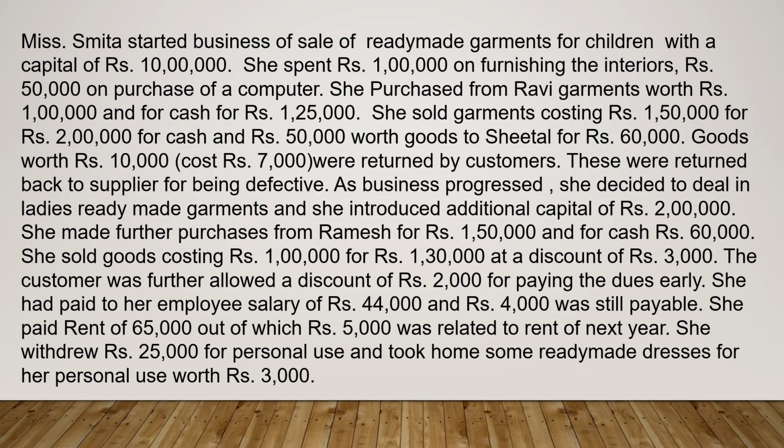The customer was further allowed a discount of 2,000 for paying the dues early. She had paid to her employee salary of rupees 44,000 and rupees 4,000 was still payable. She paid rent of 65,000, out of which rupees 5,000 was related to rent of the next year. She withdrew rupees 25,000 for personal use and took home some ready-made dresses for her personal use worth rupees 3,000.